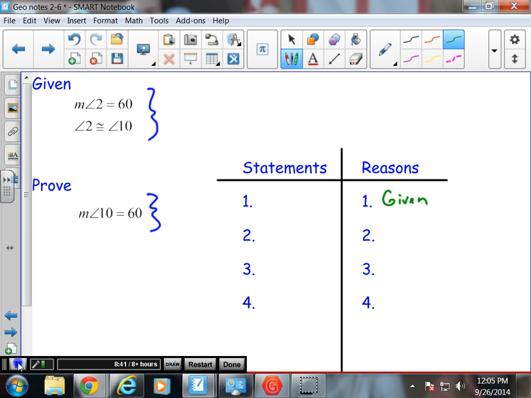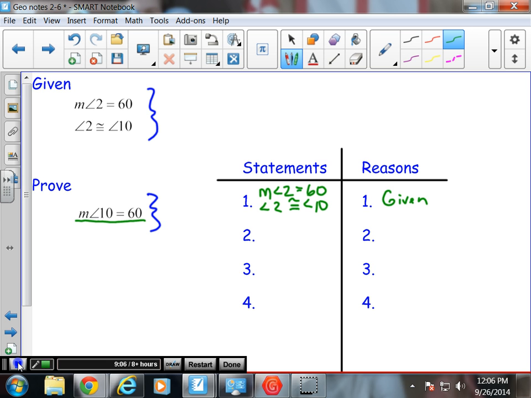In this case, our given is the measurement of angle 2 is 60, and angle 2 is congruent to angle 10. All right, so that's our given. Now, we need to get to what we have to prove. In order to get there, we have a few steps.